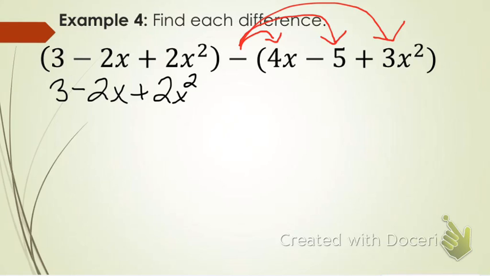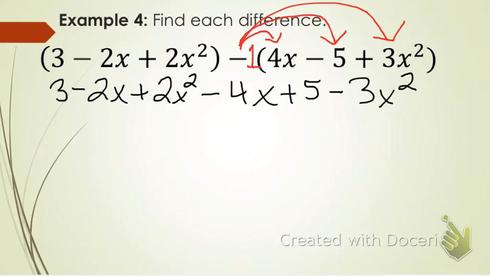Now, my first trinomial, nothing changes here, but it's on the second that I need to distribute the negative. So what you could do is you could also add a 1 right there and multiply, distribute the -1. -1 times a +4x will result in -4x. -1 times -5 will give you a +5, and -1 times a 3x squared will give you a -3x squared.